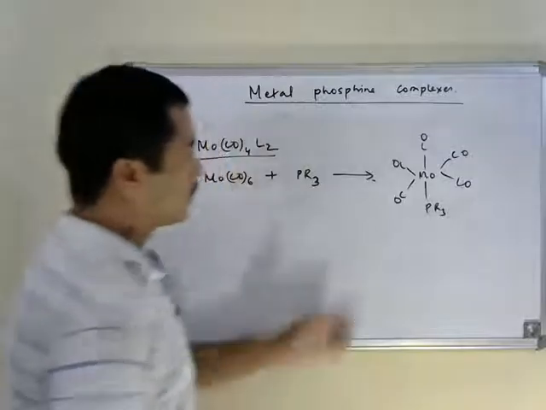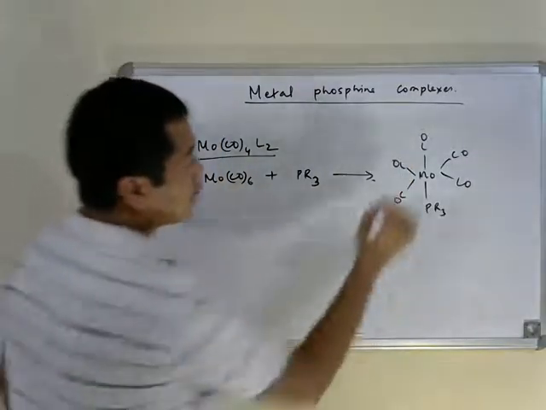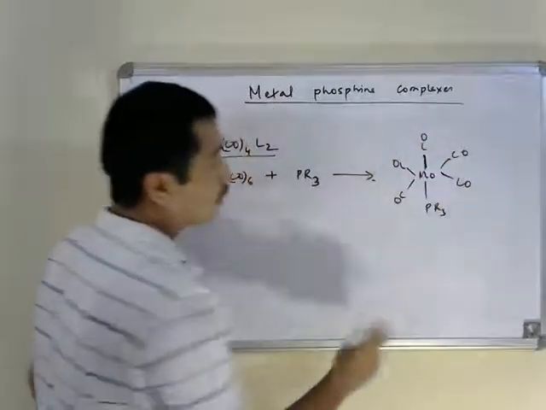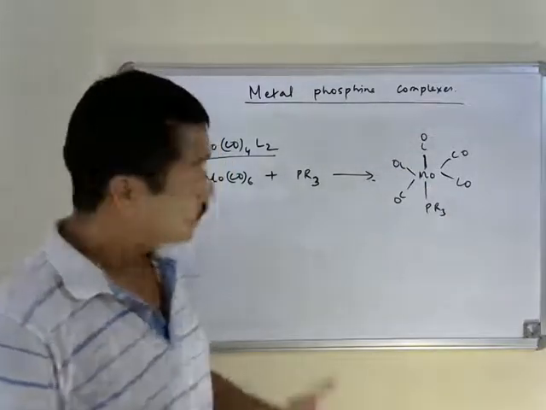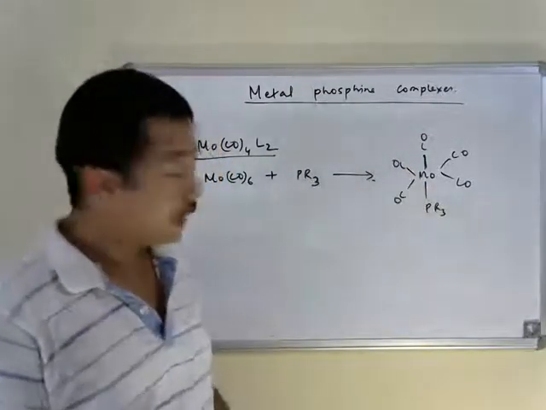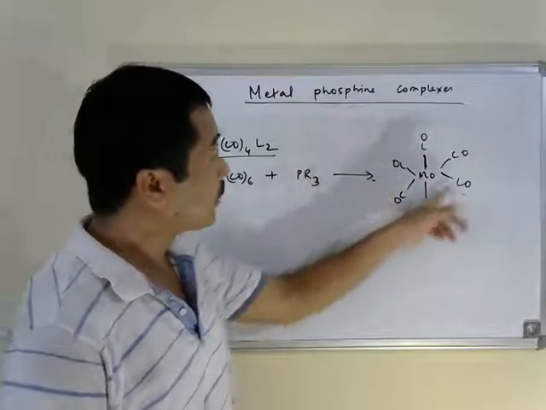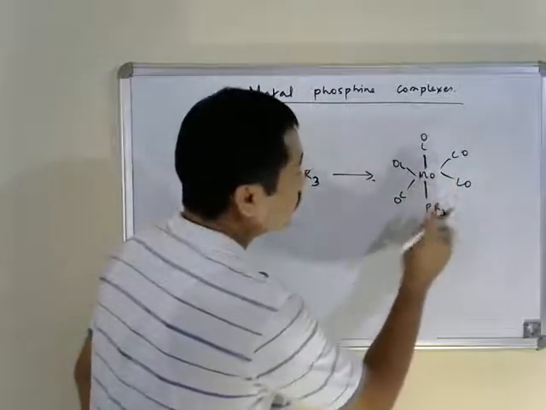Now, because this phosphine is a poorer pi acceptor than the carbonyl ligand, the metal carbon bond which is trans to the phosphine ligand here will be strengthened, because this carbonyl ligand can now accept more electron density from the molybdenum center as compared to the other carbonyl ligands, because this is trans to a ligand which is a poor pi acceptor.